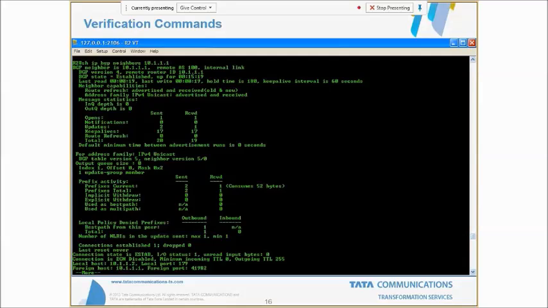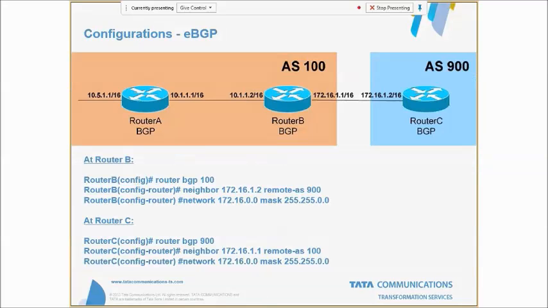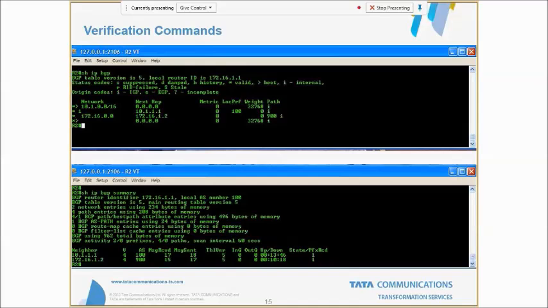The one I need to focus on is the local host and foreign host. The local host is 10.1.1.2, which is the IP address on router B, with a local port of 179, which denotes that it uses TCP port 179. And the remote host is 10.1.1.1, the foreign host, which is router A.